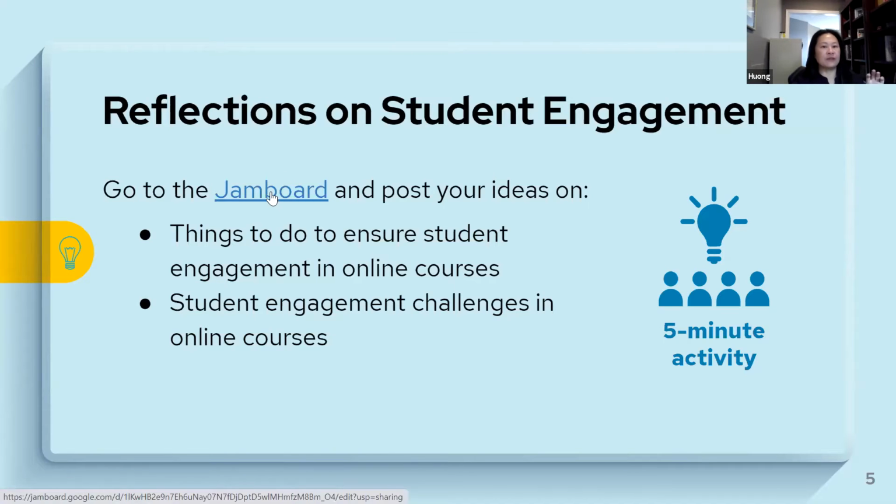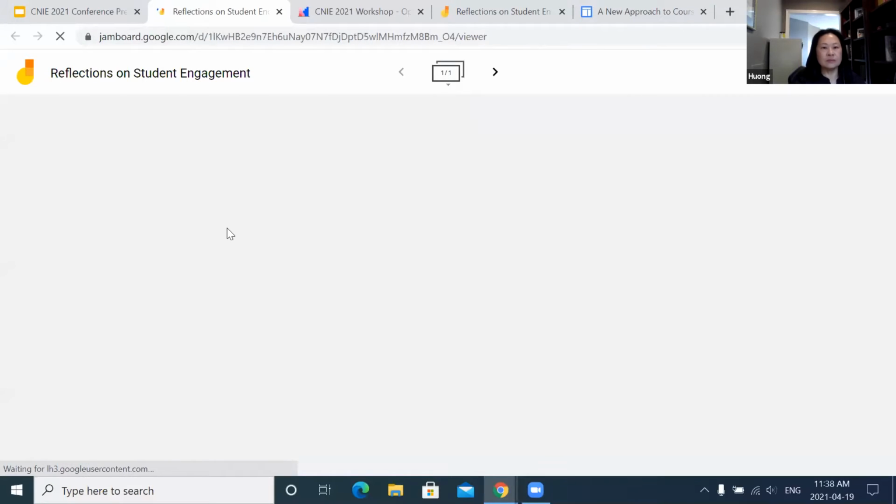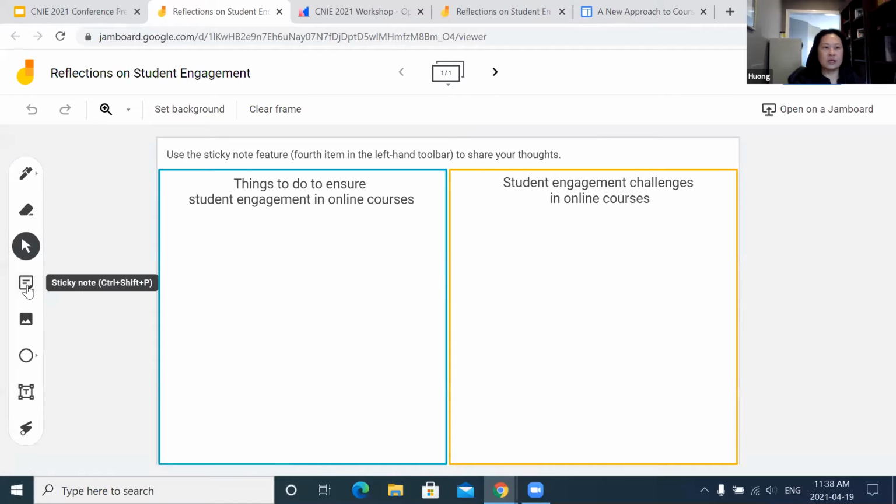You'll see on the left, the fourth icon is the sticky note icon. You can click on that icon, type your thoughts and ideas, and post them in the box. Those can be things that you do to ensure student engagement or challenges that you may have experienced or seen.